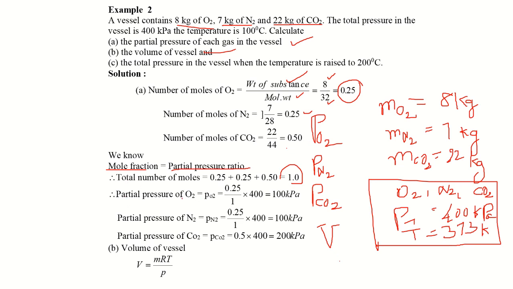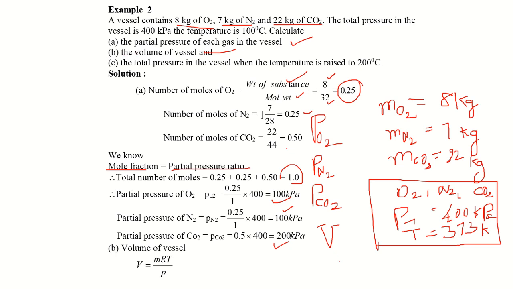Now the partial pressure of oxygen is 0.25 into total pressure, that is 100 kilopascal. Same way partial pressure of nitrogen is 100 kilopascal. Partial pressure of carbon dioxide is 200 kilopascals. So thus we have found out partial pressure of each gas in the vessel.